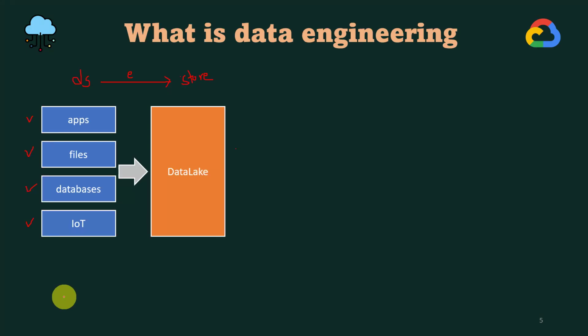So whatever data is there in multiple locations and servers, you first extract it from those locations and servers, put it into one single location called a data lake, and store it in raw format itself. That is called a data lake.